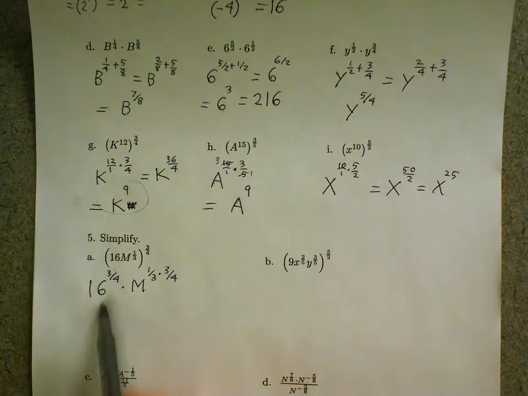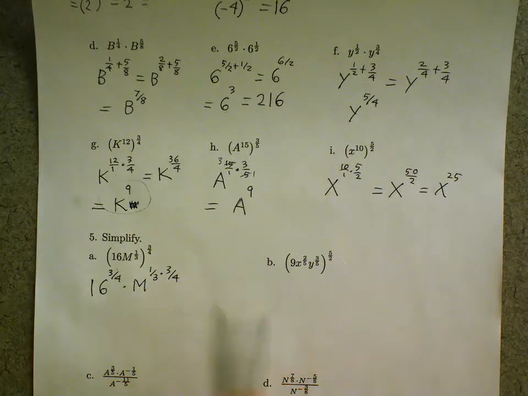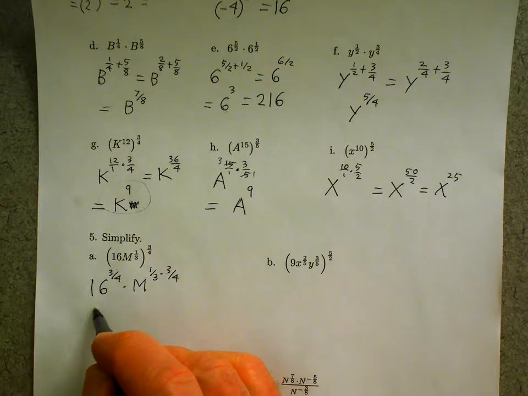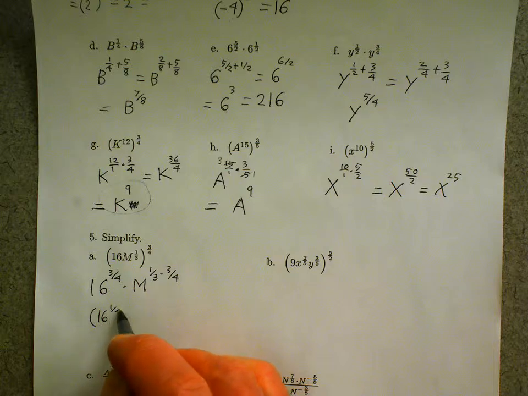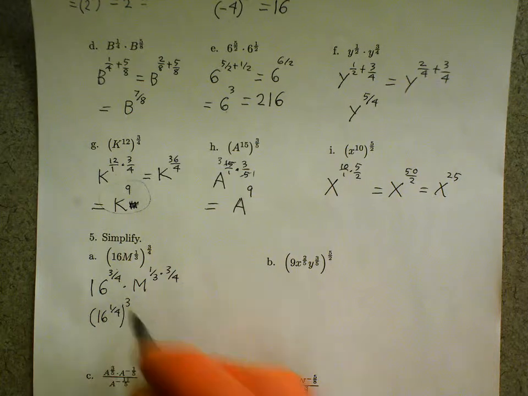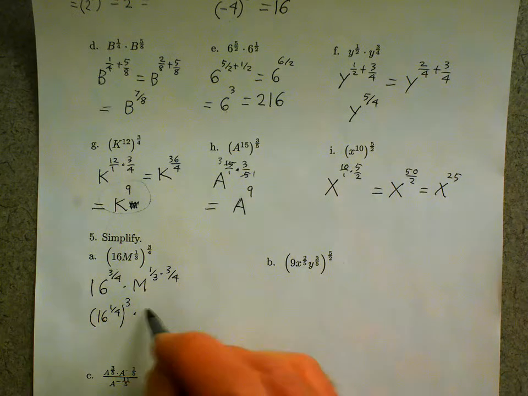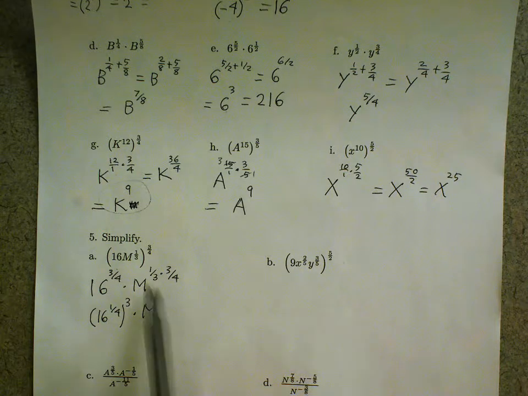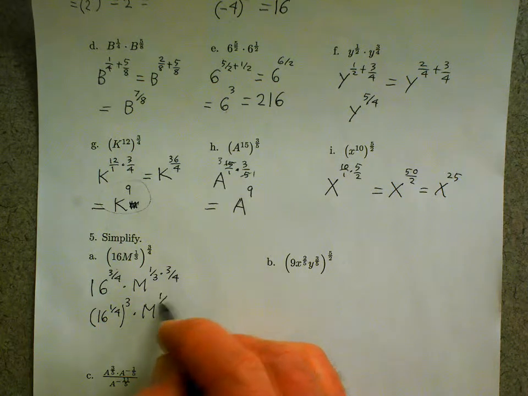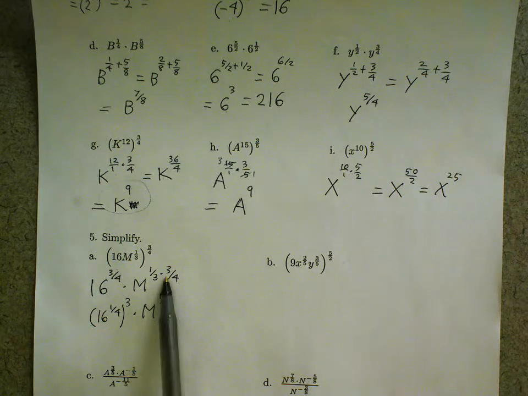16 to the 3/4, rewrite that as 16 to the 1/4 to the 3rd, and then times m to the 1/4, because 1/3 times 3/4 is 3/12, which simplifies to 1/4.